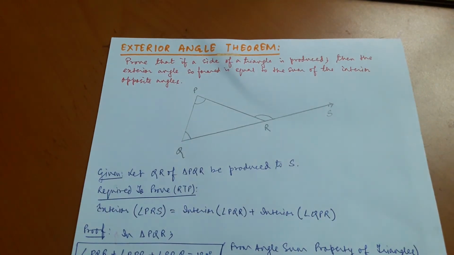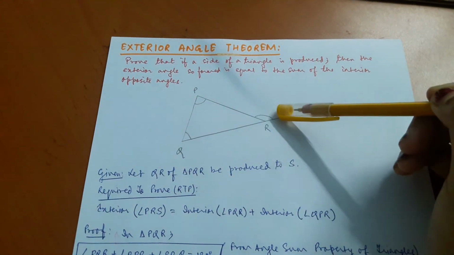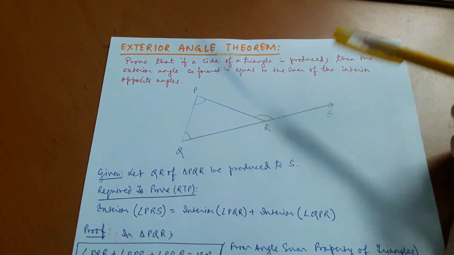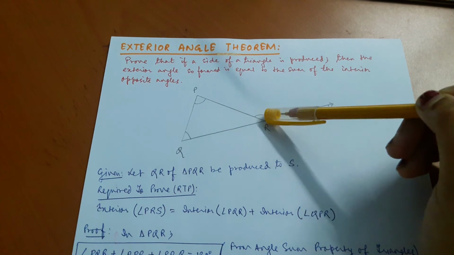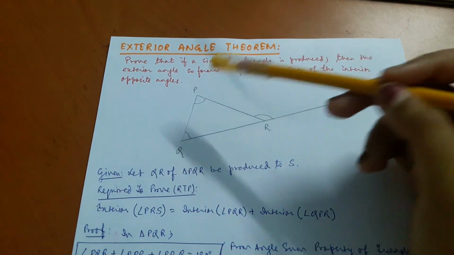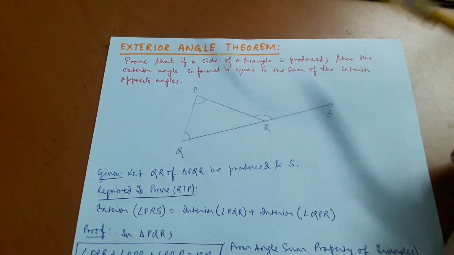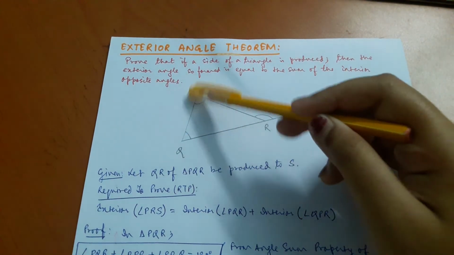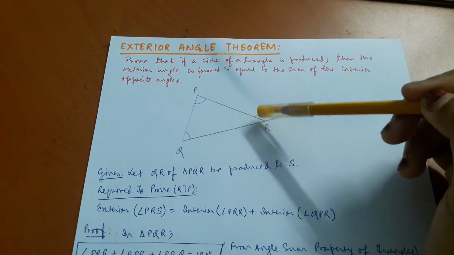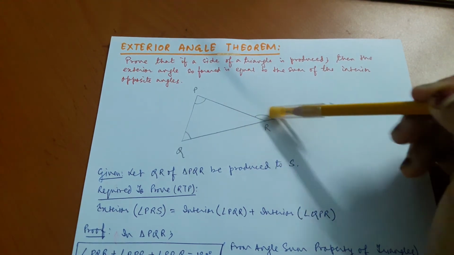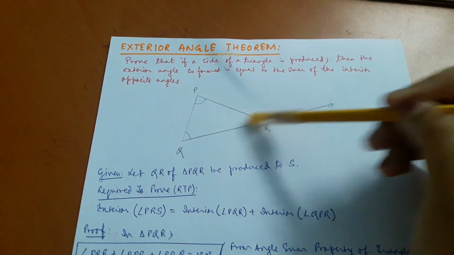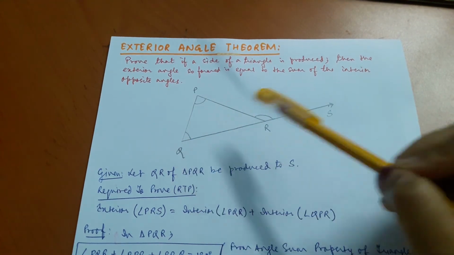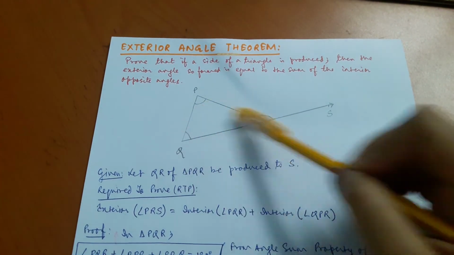So what do we get here? That this exterior angle for any triangle, this exterior angle will be the sum of the opposite interior angles, the other two interior angles of the triangle. It means these three are interior angles of the triangle, and this is the exterior angle. Now the interior angle related to it will be this angle, angle PRQ. Angle PRQ is the interior angle of this exterior angle, angle PRS.